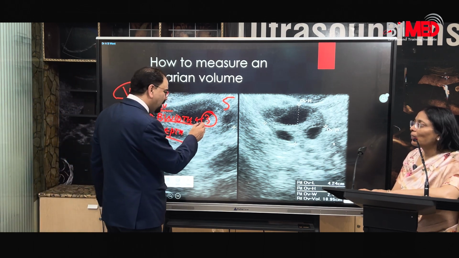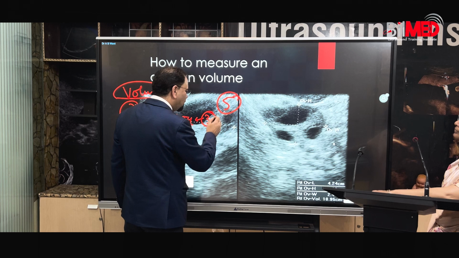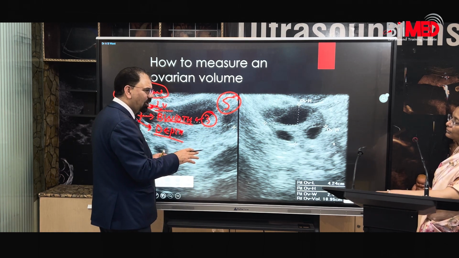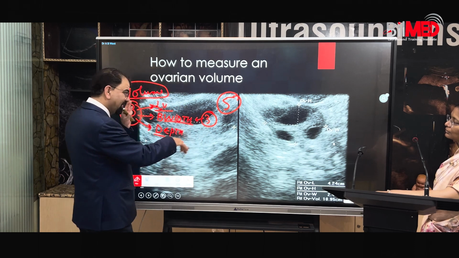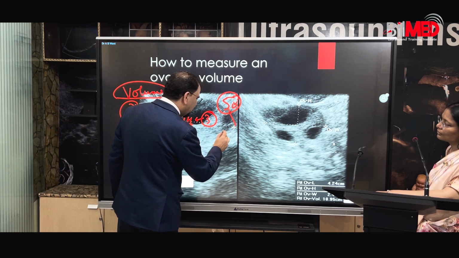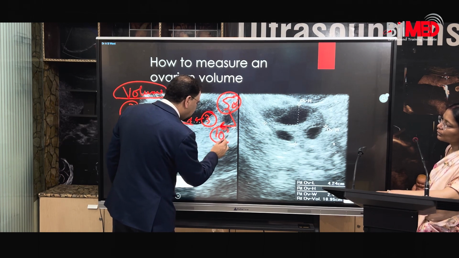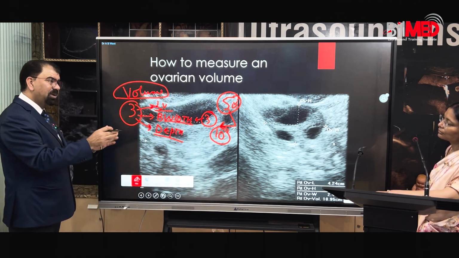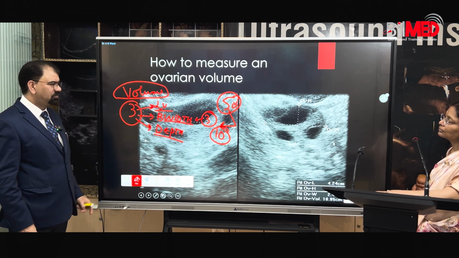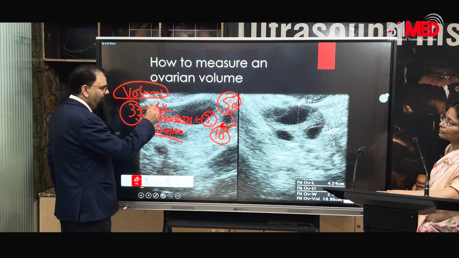I will elaborate what is wrong and right, but first understand the concept. If it was 5 but you gave 10, now your normal ovary will be labeled by your high-end machine as PCOS.